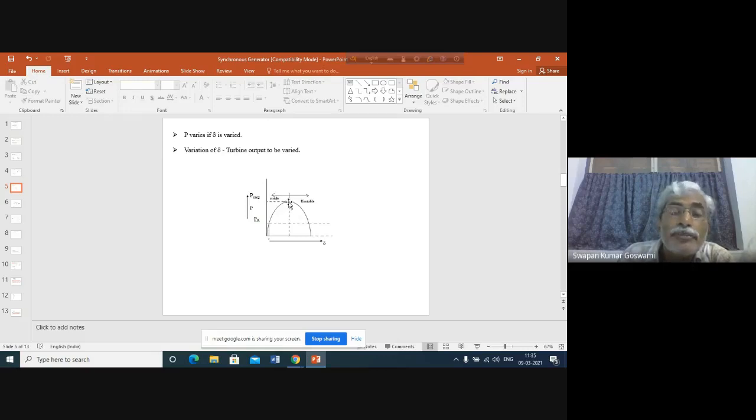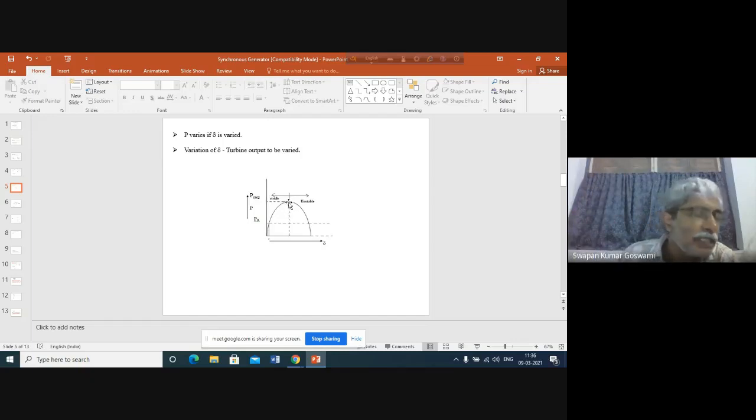So if the change in the input power was so small that the oscillation created is negligibly small, then only you can say that maximum permissible power input, or maximum permissible position of the input power line, will be delta equal to 90 degrees, that means the peak of the power angle curve.